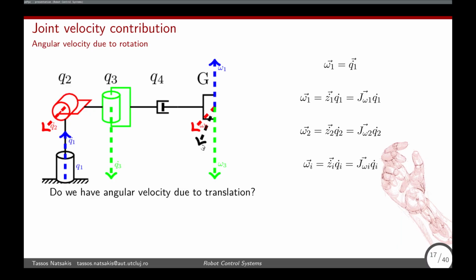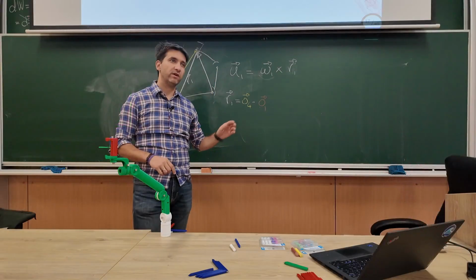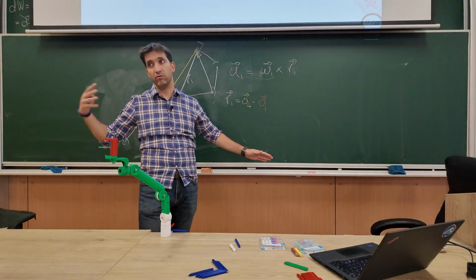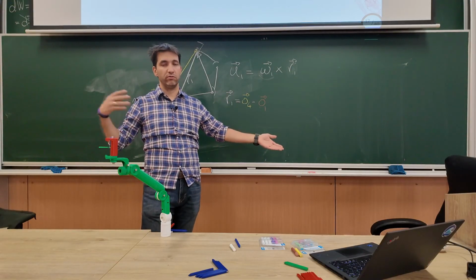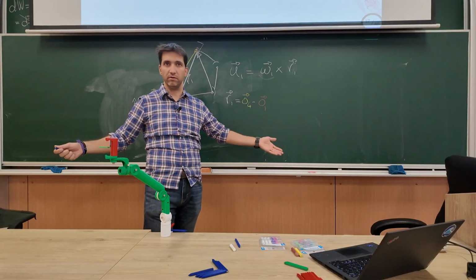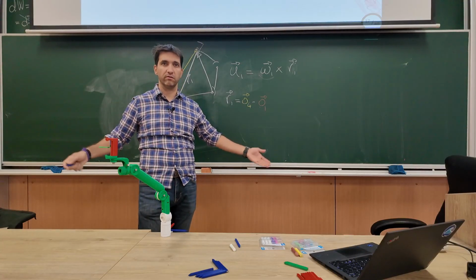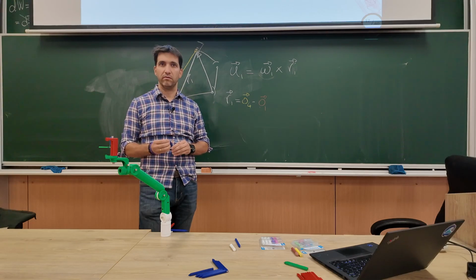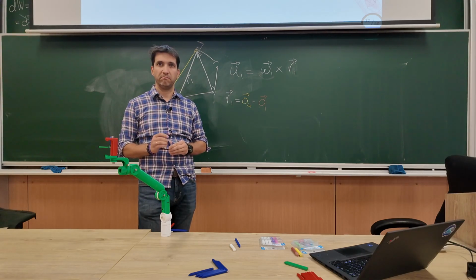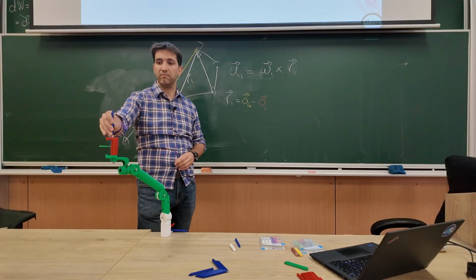Do we have angular velocity due to translation? We saw that we have linear velocity due to rotation, but do we have angular velocity due to translation? And I see people shaking their heads. Why not? Because it doesn't rotate, basically.